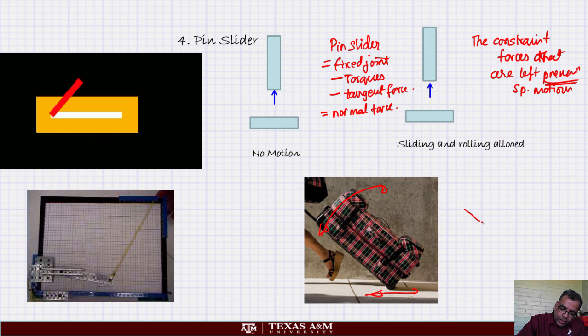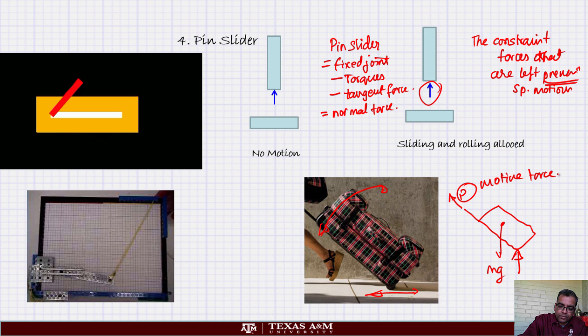So for this suitcase, if I were to draw the force at the corner, it will be only this, that's this guy, and then there will be gravity, right? And there will be somebody who is pulling it. This is the motive force, this is motive, and this is constraint.